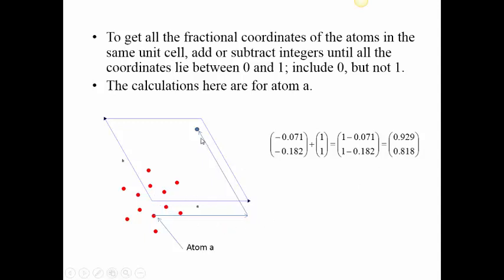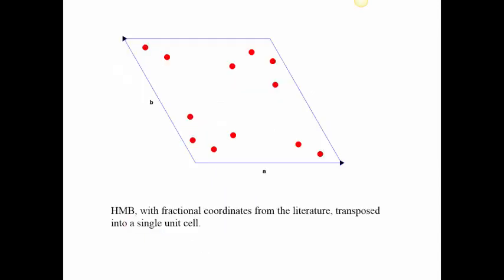We're almost all the way up to 9, and along b we're pretty close to it too. We're up on the 0.8. So you can see that we're translating everything back into the unit cell. When we do it for all the atoms in the unit cell, this is the way the calculation would look.